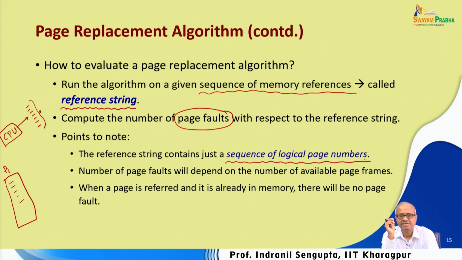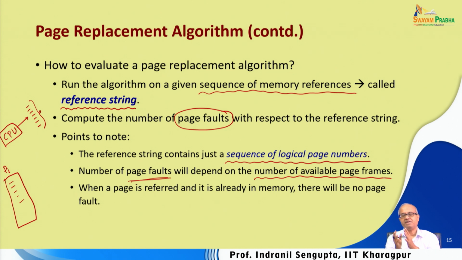And as I said, this experiment will be run assuming a certain number of page frames in memory, and the actual number of page faults that will occur will very much depend on the number of available page frames. So, you can have 3 page frames, 4, 10, 100, 1000, whatever.